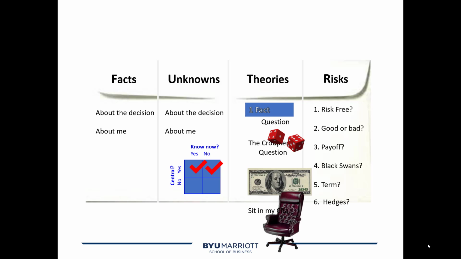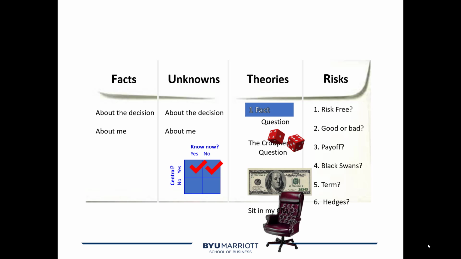So there you have it, the future model, laid out in all of its glory. Facts about the decision, about me, unknowns about the decision and about me, culled on the basis of their centrality to your life's mission and to the urgency with which you need to know them. Theories and 4 critical questions. Karl Popper's question, the croupier's question, Dick McCann's question, and the option to sit in someone else's chair.